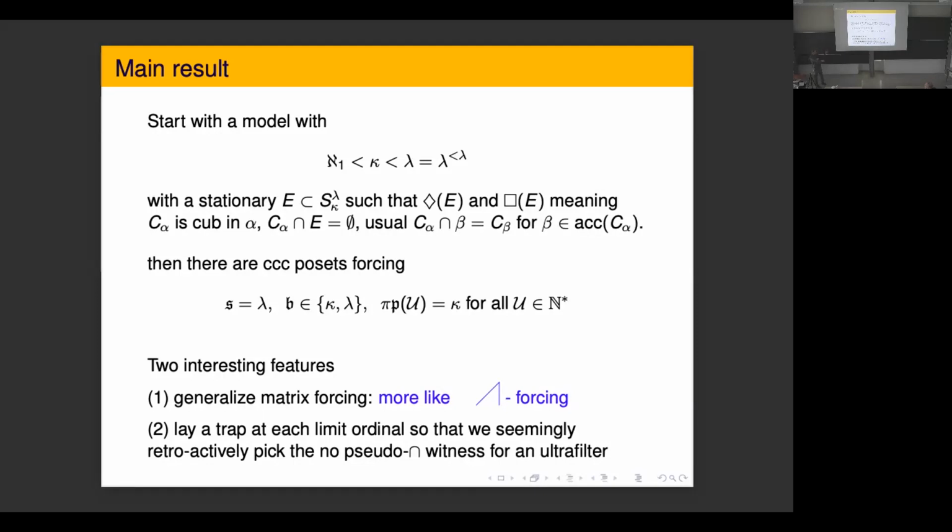We say, well, here's a bunch of sets that we might choose from. And then the neat thing is this retroactive step: we're way up high, at some ordinal less than lambda, we look back and we say, you know what? We should have chosen those to be the kappa many that we don't give a pseudo-intersection for. So those are the 2 things that I'm going to highlight as we sketch the ideas.